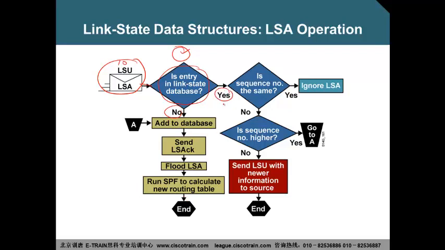Then it will check whether the already known sequence number and this 10 are the same. If it is the same, do I need to learn it? No need. I already know it. I'll ignore it. So is this clear? Now, what if it is not the same? If it is not the same, it will check whether what I am receiving is higher.